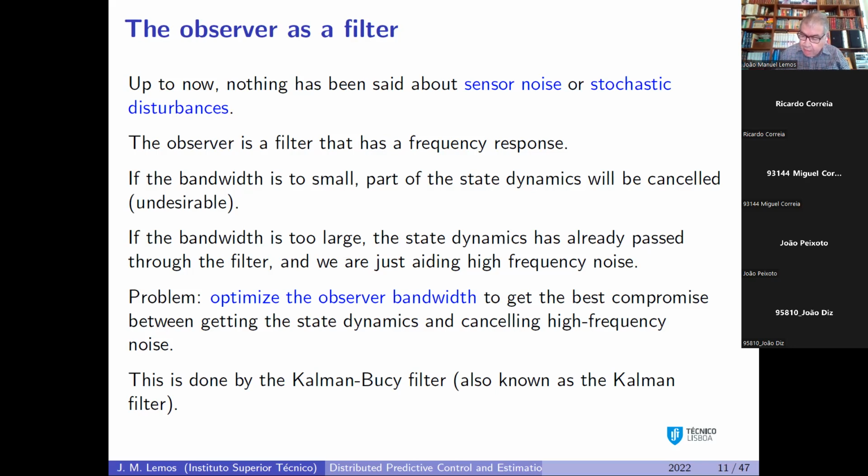Because if you have higher bandwidths for your estimator, then what is important in terms of frequency content of your dynamics has already been received by you, say entered your controller, for instance. But if you have extra bandwidth, you gain virtually nothing in terms of improving the dynamics, but you only receive noise.